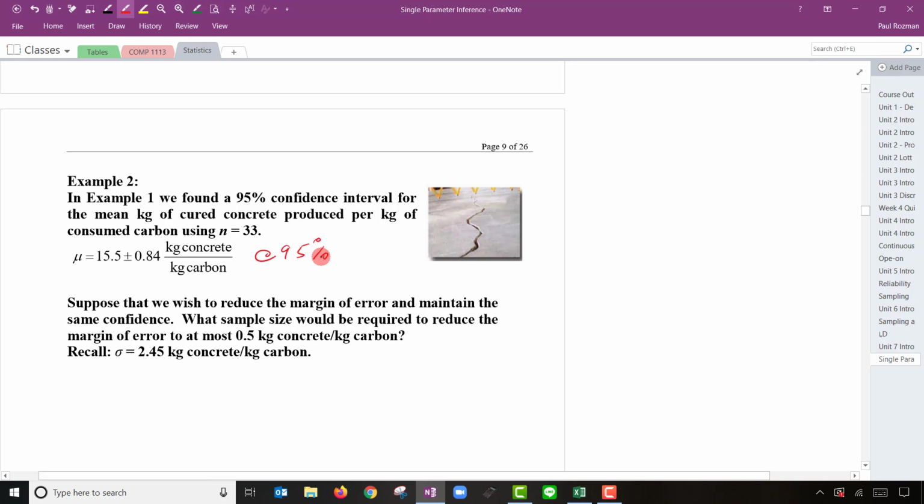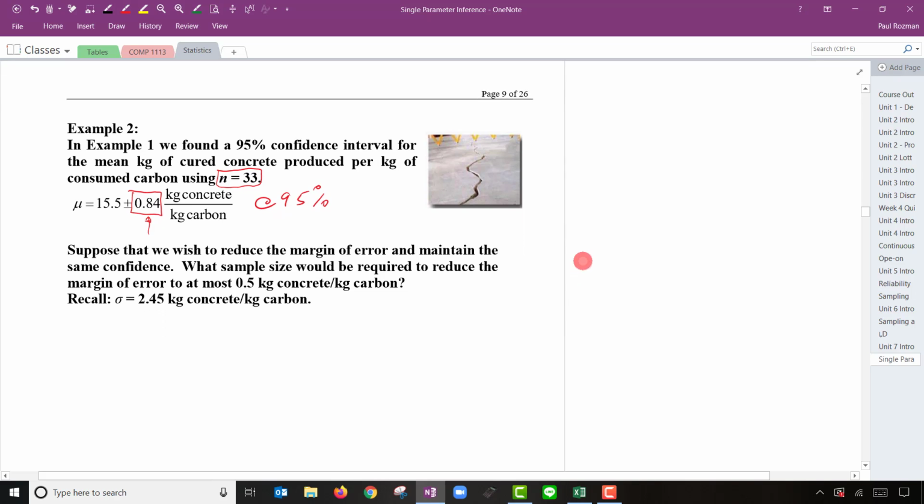But what if 0.84 was too big? We couldn't live with that. What sample size should we have collected in order to get that error down? Like, obviously, it'll have to be bigger than 33. If we take a sample that's bigger than 33, we'll ultimately get a smaller error. So what sample should that have been?